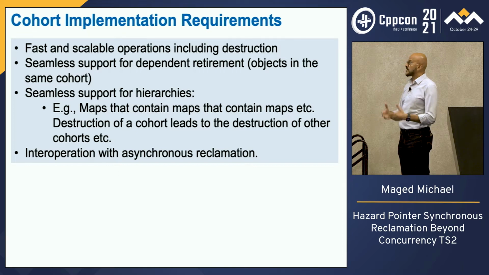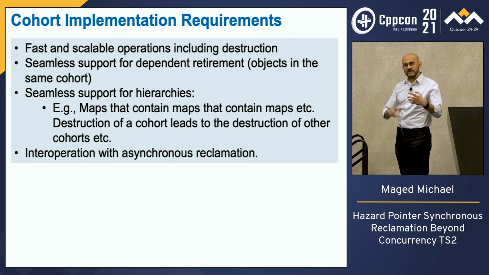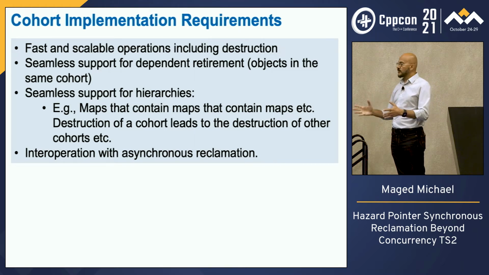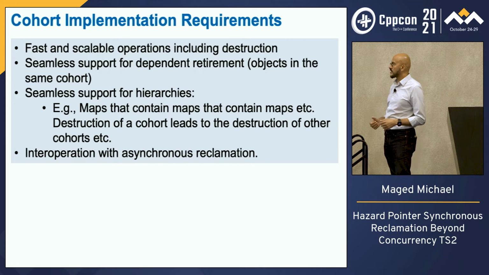We want to support transitively dependent retirement. I claim that it does that, and it needs to support hierarchies of, let's say, maps of maps of maps. A cohort might lead to the destruction of objects that actually include cohorts, and so on. So we have to support that kind of hierarchy.